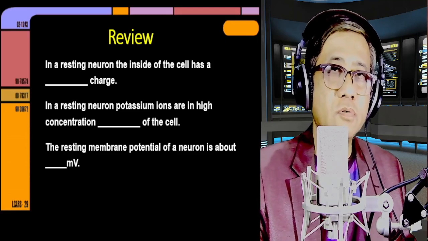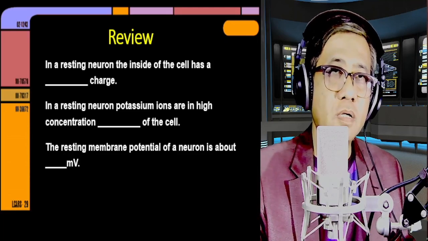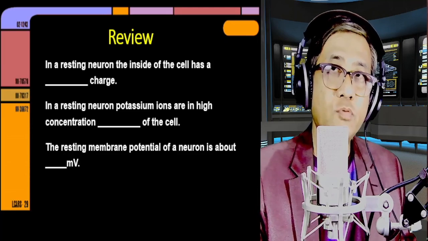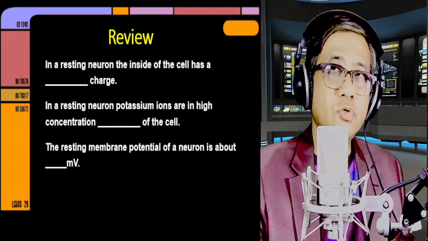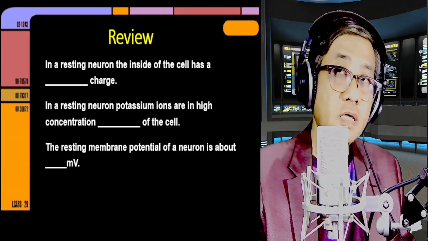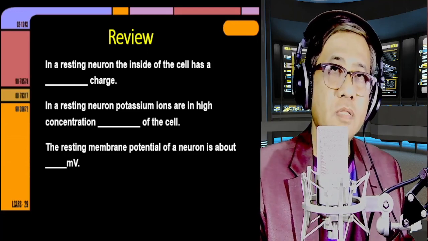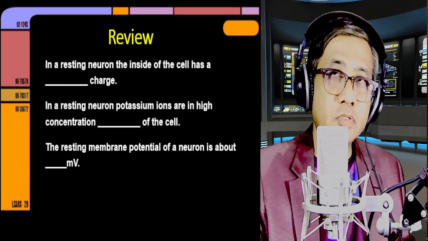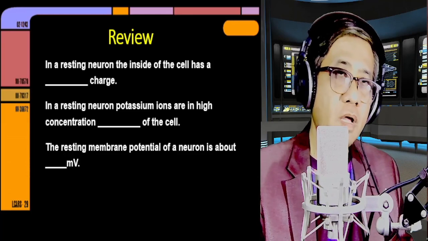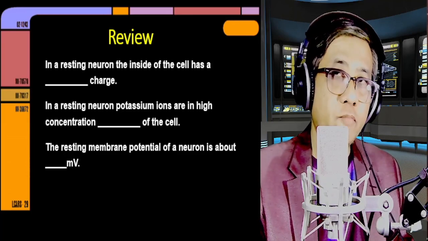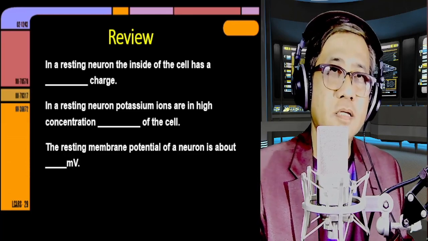In a resting neuron, potassium ions are high in concentration inside of the cell. Remember the sodium-potassium pump pumps 3 sodium ions out and 2 potassium ions in. Eventually, if the process continues, there will be a high concentration of potassium ions inside the cell.